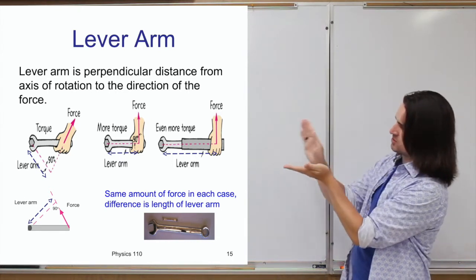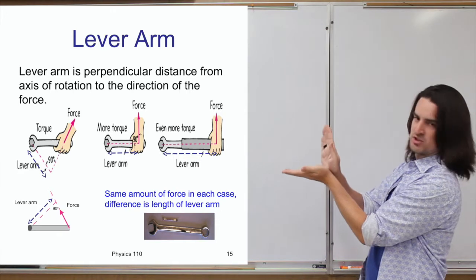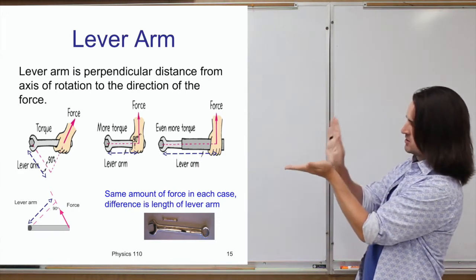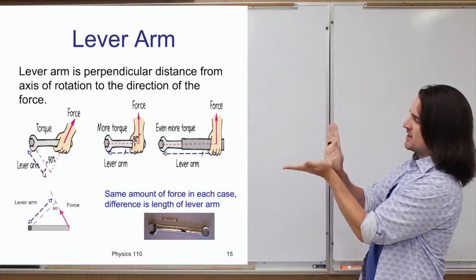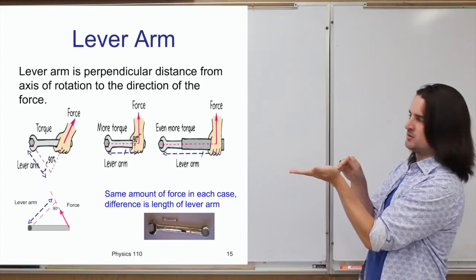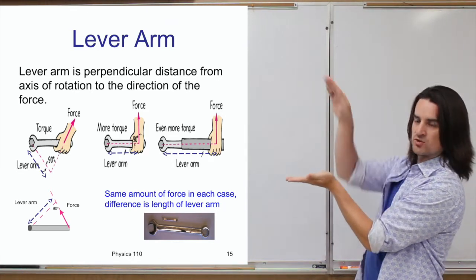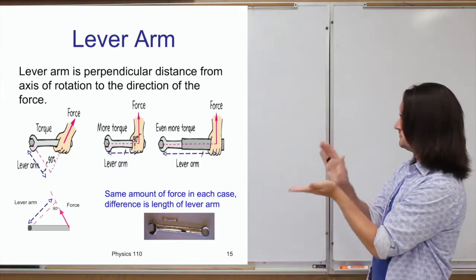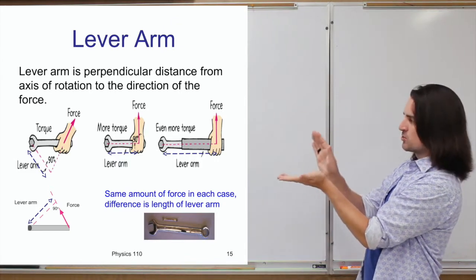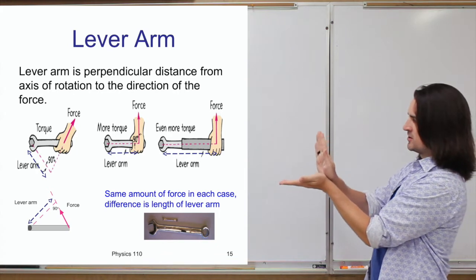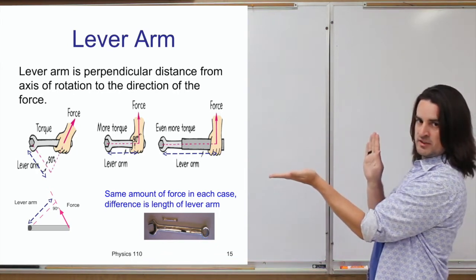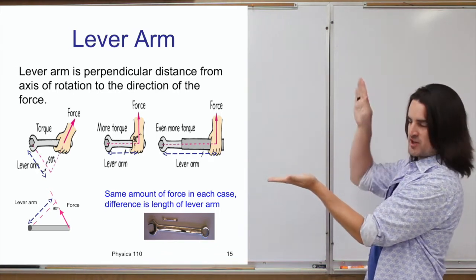So the center picture is kind of the standard picture that we just saw in the last slide. When it's perpendicular like that, that's our lever arm. Another way of looking at it is when that force is tangent to the circle that we're trying to rotate about. So you can increase the torque by just increasing the lever arm, and still applying your force in that tangential direction.